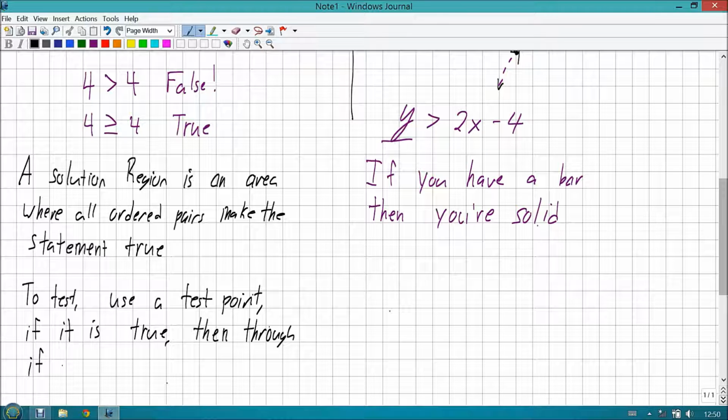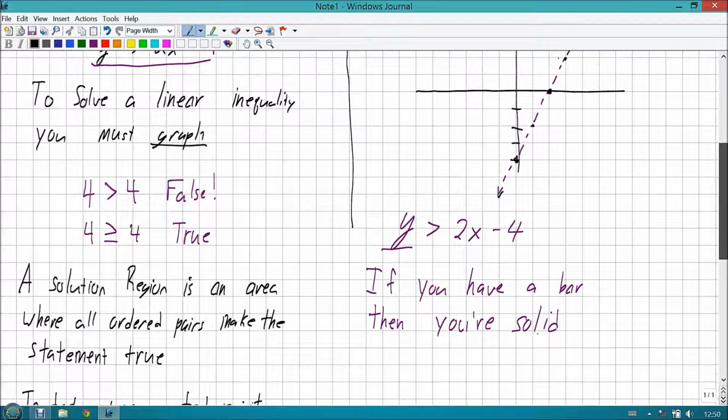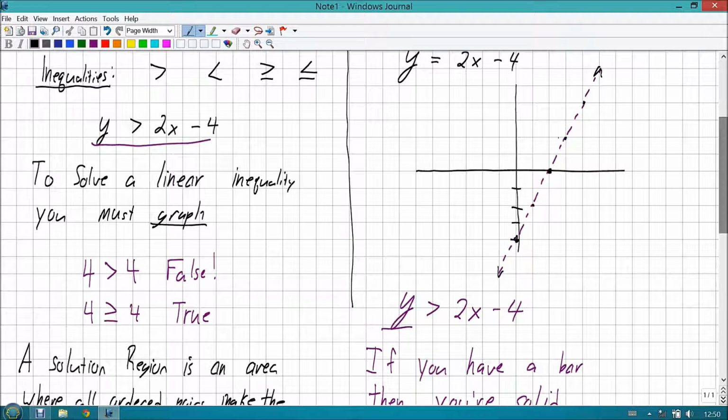If false, flee. This is the same as the inequalities that we did before. In those, we did a test point usually at 0, and from the 0, if it made a true statement like 0 is less than 5, then you went through 0. If it made a false statement like 0 is greater than 5, then we would go away from it. The same thing happens here, except that what I use for my test point is usually the point 0, 0.